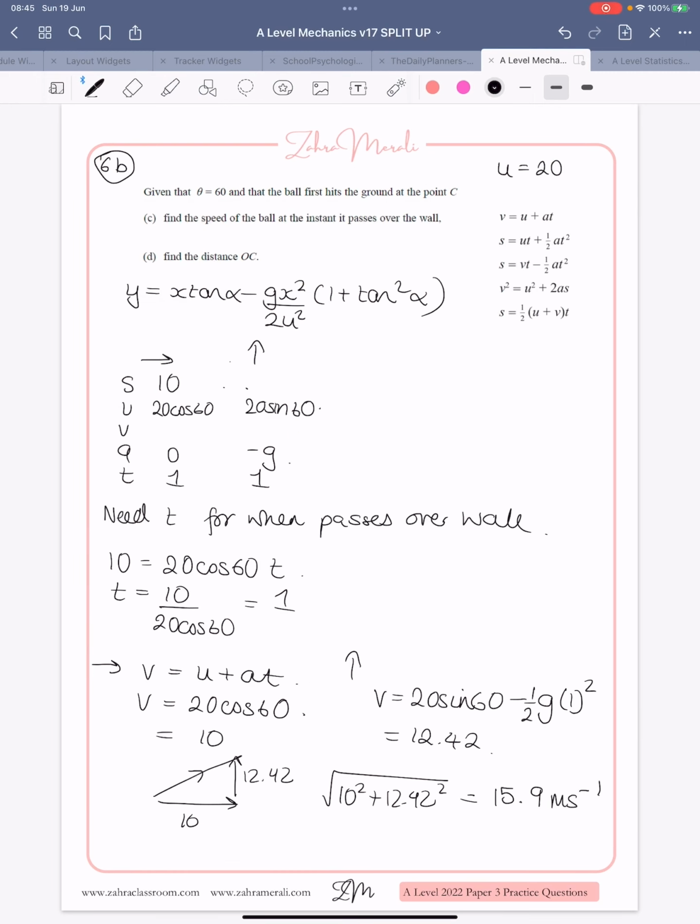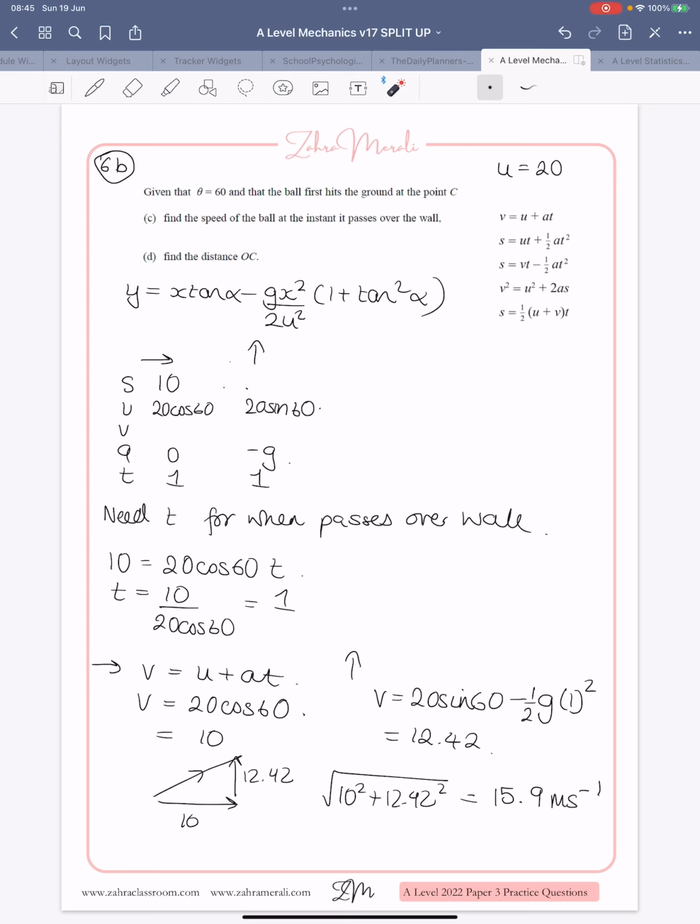Okay, so the recording cut off before the last bit of this question, so let me talk you through it. For some reason, it didn't seem to work. So we've got our equation. We're now told theta is 60. So that means we can know our u's horizontally and vertically. We want to find the speed.